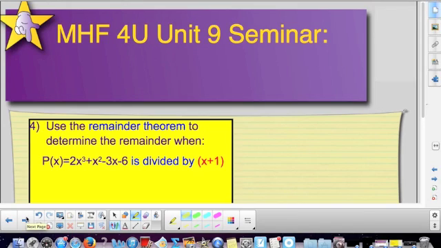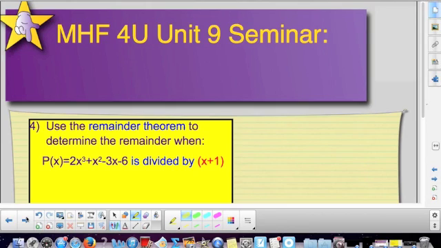Use the remainder theorem to determine the remainder when p of x is equal to 2x cubed plus x squared minus 3x minus 6 is divided by x plus 1. So we already know how to do long division. We're going to use the remainder theorem for non-traditional type questions, and to just figure out, is x plus 1 a factor or not?